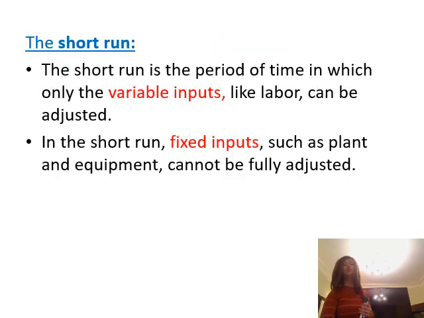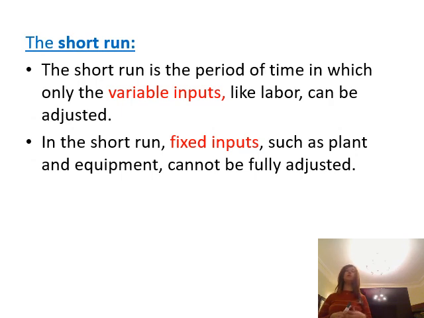Because in the short run, you do not have enough time to buy new equipment, to build new factories, to rent a new piece of land and build a new plant on it. This requires time. So usually in the short run, you can adjust production by adjusting only the variable input, like labor, because labor can be easily adjusted.